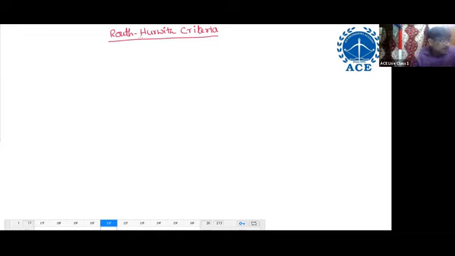What can we find with the RH criteria? What is the main objective, the purpose? The purpose is to find the closed loop system stability.